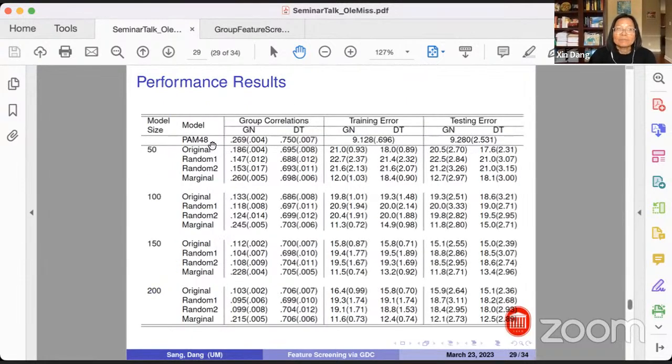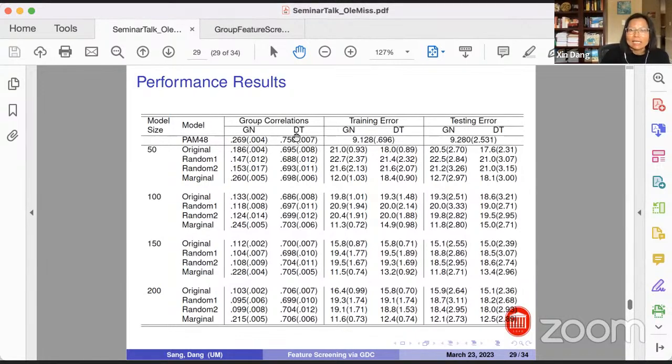So the PAN 48, this is the gene. This is the group correlation, the GD correlation. Because this is calculated for your training data, we have to repeat 100 times, so you can calculate the mean of your correlation and standard deviation.